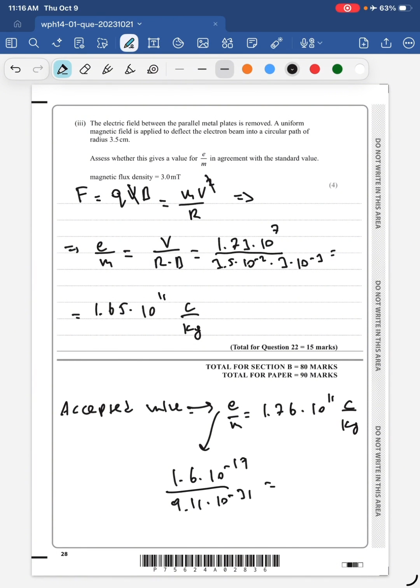And if you do that calculation, you find, let me verify because this is from my notes and I want to cross verify. Yes, so 1.76 times 10 to the 11 coulombs per kilogram. So it's close, but not that close, okay?